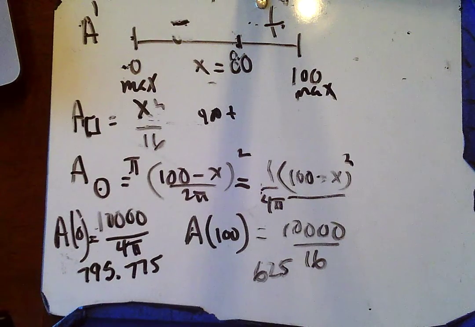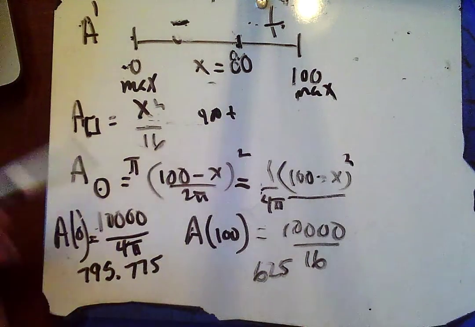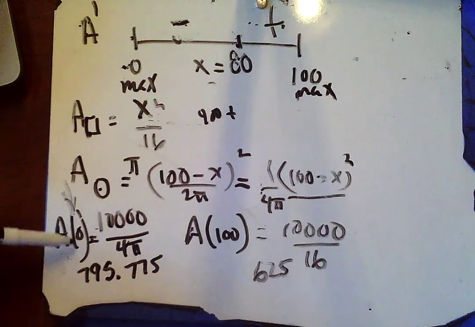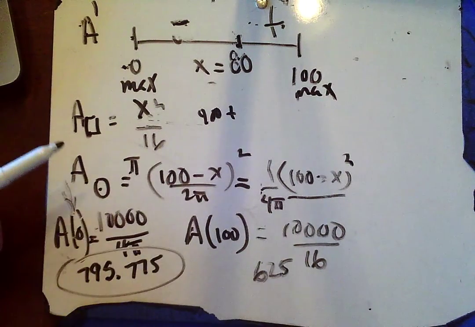And that gives me a smaller number than I had imagined. And so rather than go down that rabbit hole, I'm just going to compare these two. And what I notice is that when x equals 0, I have my maximum area.